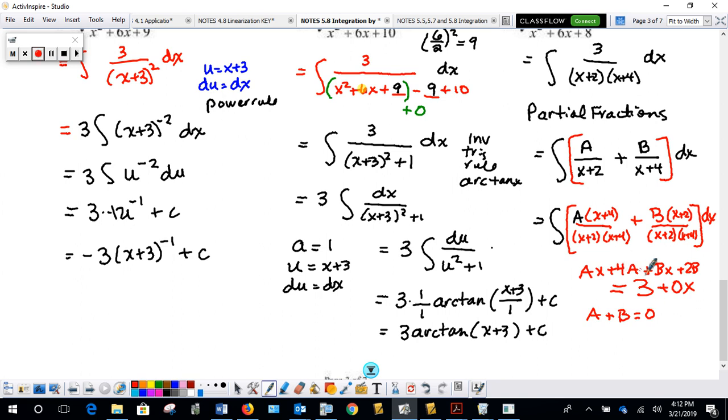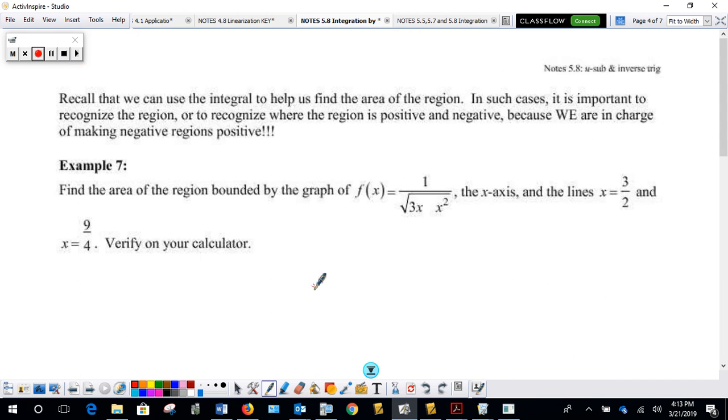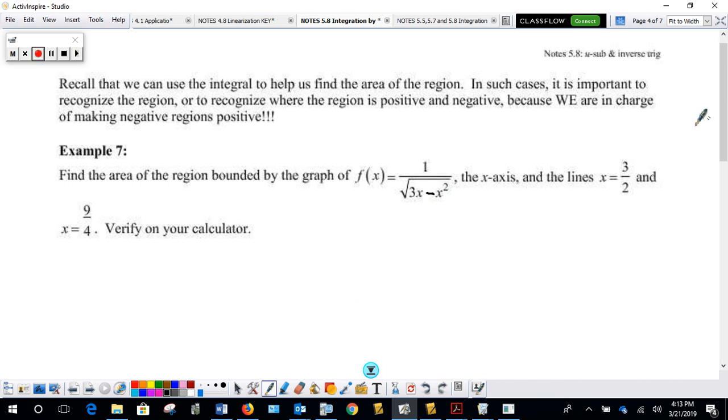And then the 4a plus the 2b has to equal the 3. And then you have to solve the system. I'm going to go dot, dot, dot, because this idea is something that we actually don't need to do, but you'll learn it in Calc 2 next year. All right, let's take a look at this problem, and let's do this as some applications that we have.